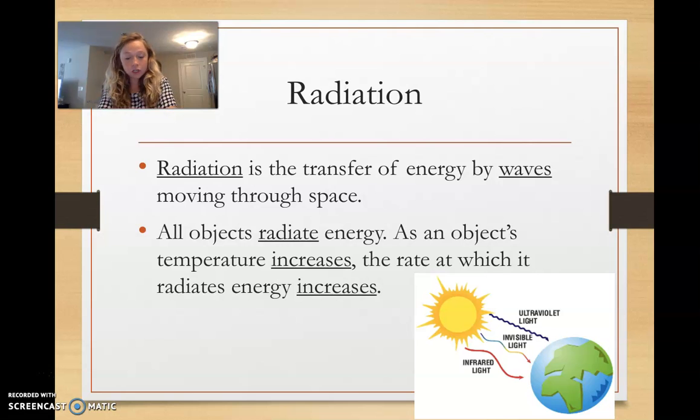If you get very close to that, it's going to be hot, right? Because your temperature is going to increase as you go closer to the oven. As you back away from that hot plate, it's going to cool down because you're not as close. So let me pause this video real quick, and then we're going to go into my oven or my stove.